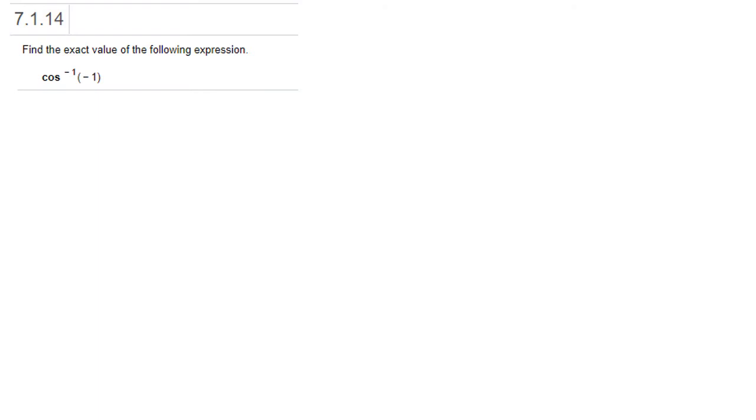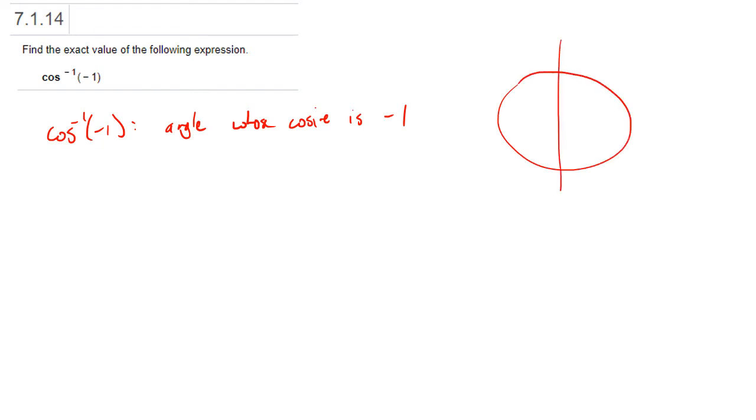Find the exact value of the arc cosine, or inverse cosine, of -1. So what this means is an angle whose cosine is -1. And if I look at my standard reference circle, a cosine of -1 means an x-coordinate of -1. That only happens at this endpoint.